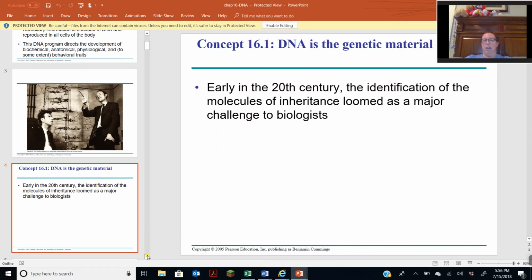And again, like some of the timeline in your class on Blackboard, there's a timeline of DNA being the genetic material. Most people thought that it was proteins that were the genetic material, which makes sense, right?